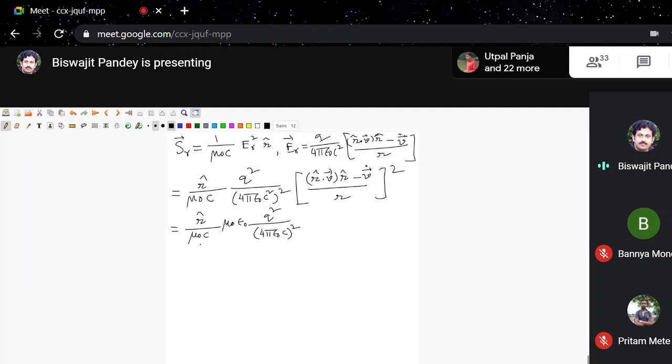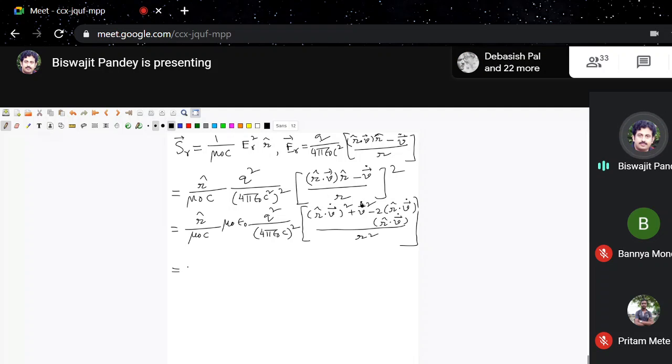Right. I have a 1 by mu 0 C here. Right. And then everything else, R cap dot V dot square plus, okay, simply scalar V dot square minus twice R cap dot V dot into R cap dot V dot divided by R square. I'm just taking square of that.